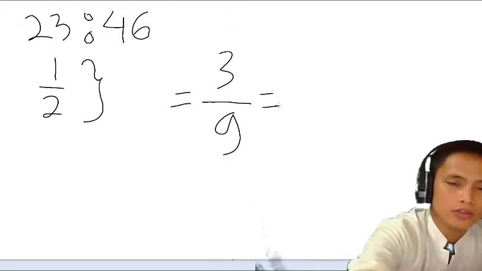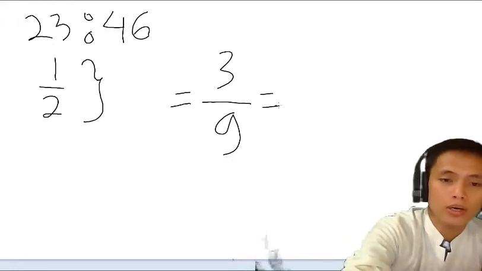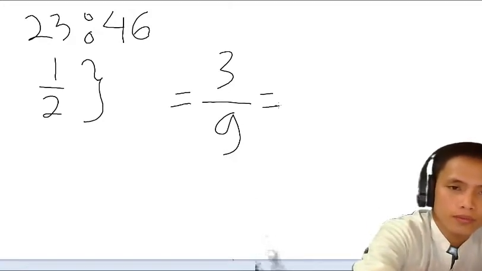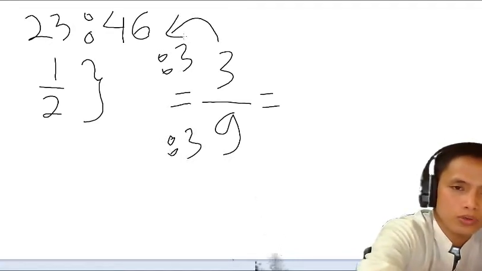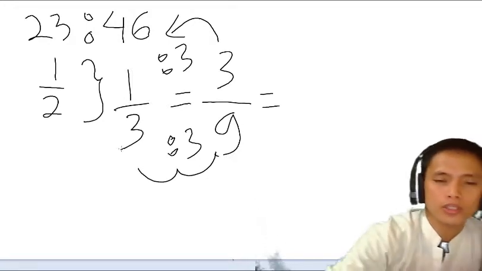Let's say you want to divide 3 and 9, we divide them by the common factor, right? So this one is divided by 3, and this one divided by 3. So it's equal to 1 over 3.